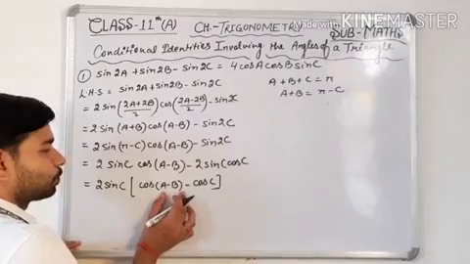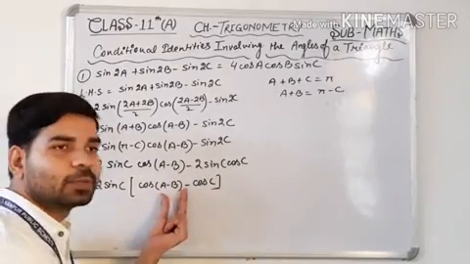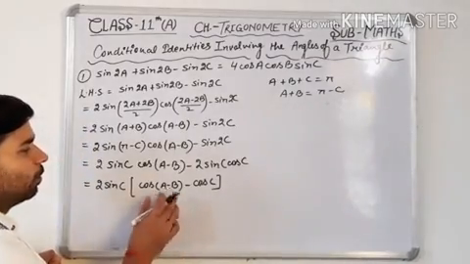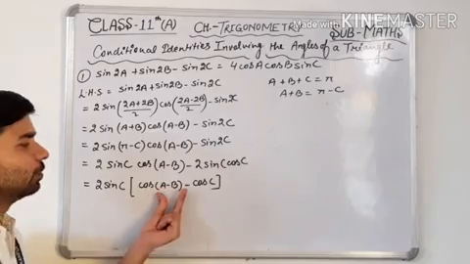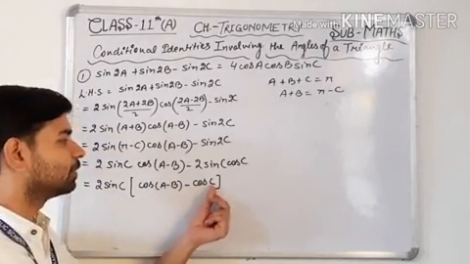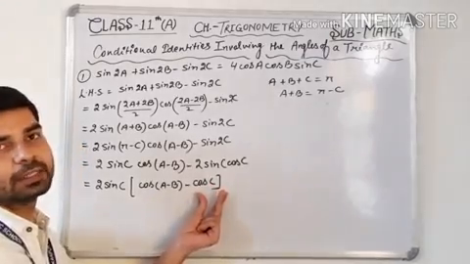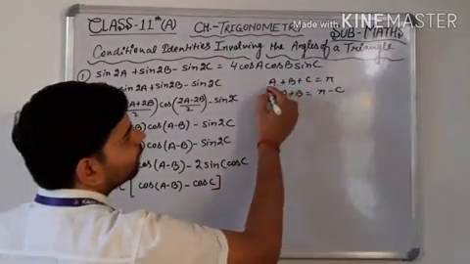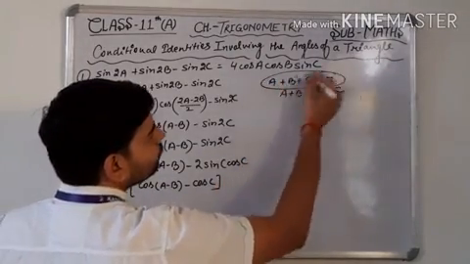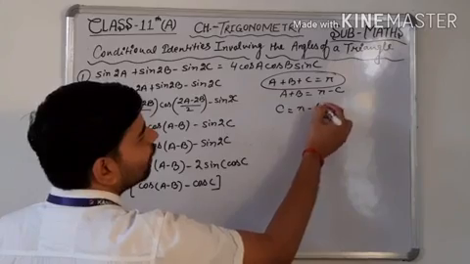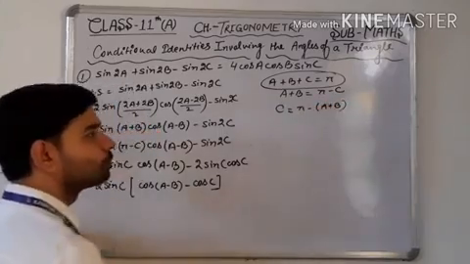Now this is in terms of A and B, and this is in terms of C. So we cannot transform it into C, but we can transform this value into terms of A plus B. Now see, from here the value of C is equal to pi minus (A plus B).